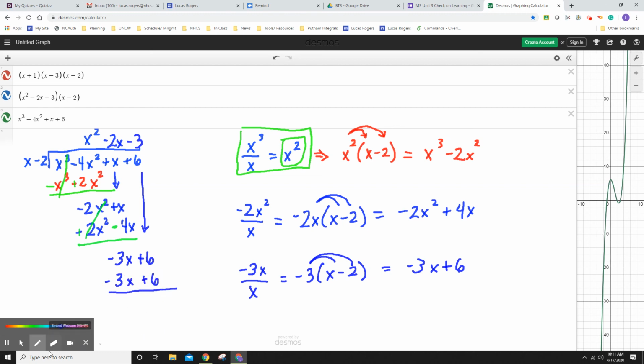And when I go to change the signs and subtract, I'll know that everything cancels out. So that's a minus now, right here, which ends up giving me 0 as an answer down at the bottom, which meant, again, that x minus 2 was a factor. I had a remainder of 0.